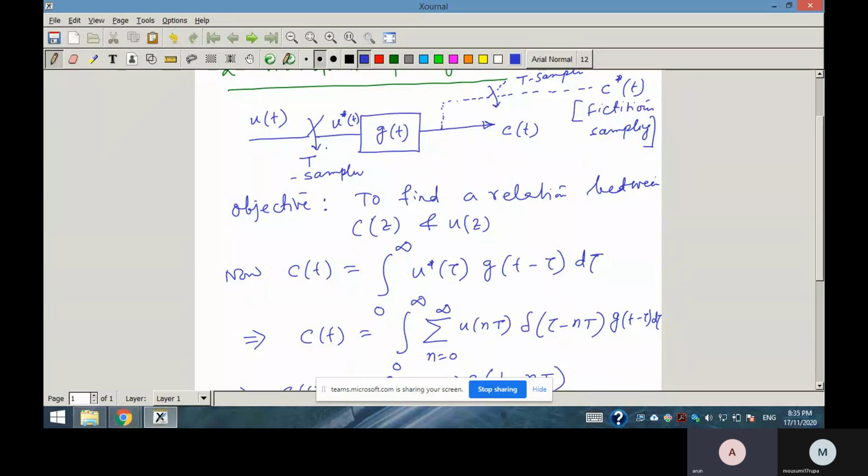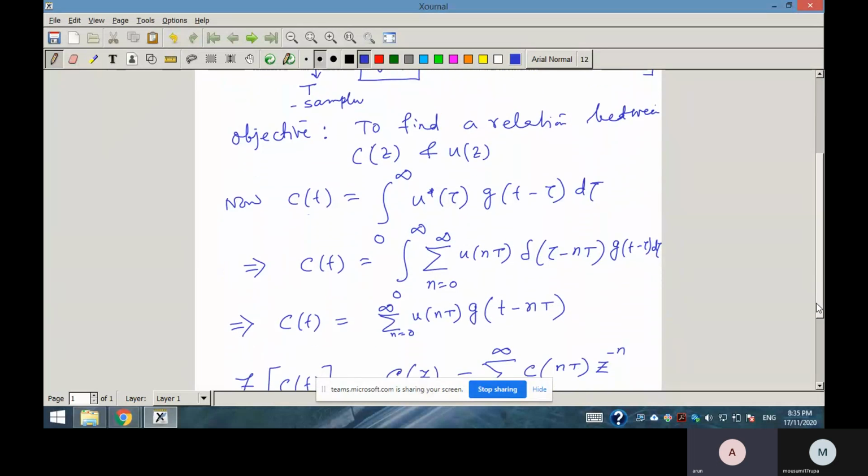In the case of continuous time systems, we also saw in our control engineering class that C(s) equals G(s) into U(s). Professor Saurabh Patra, I am sure, has shown that one. So now for discrete time, we have to show C(z) equals G(z) into U(z) using the discrete time convolution result.